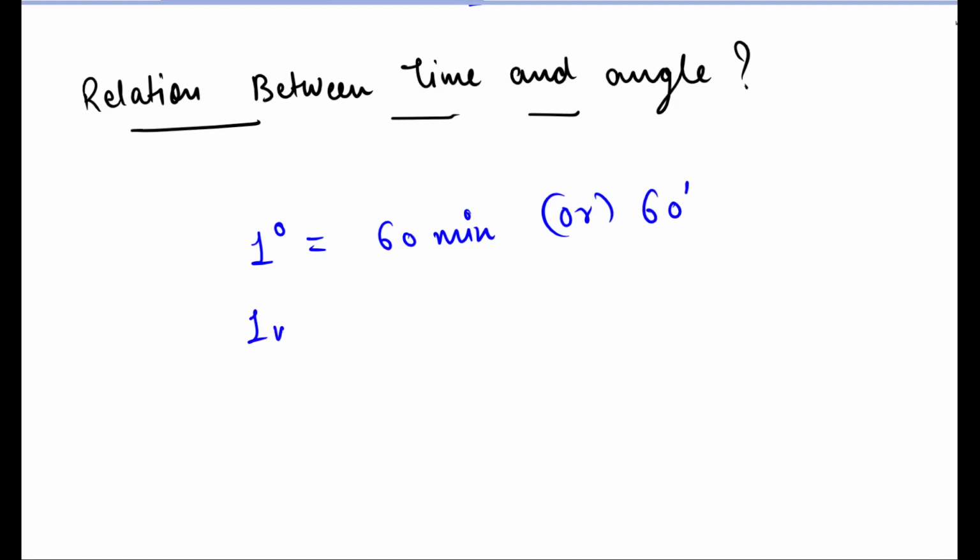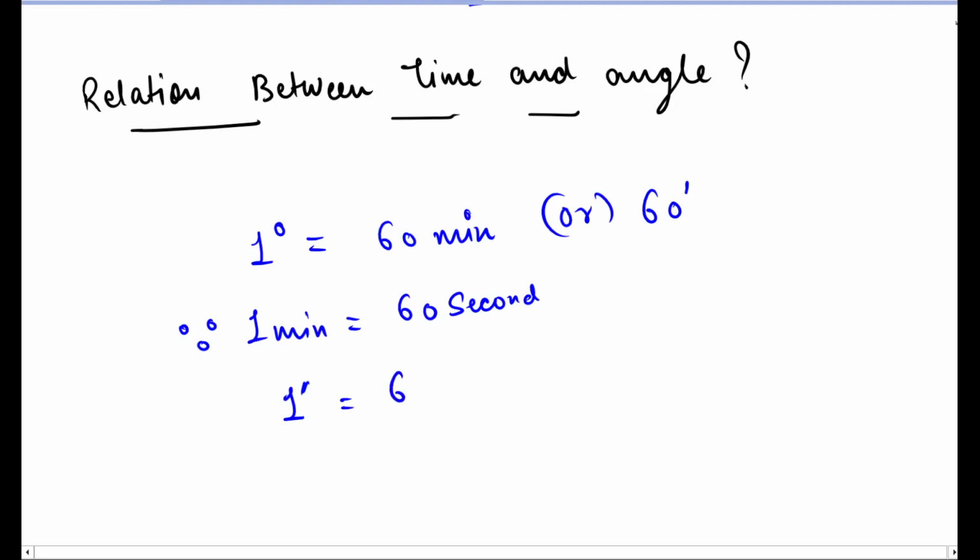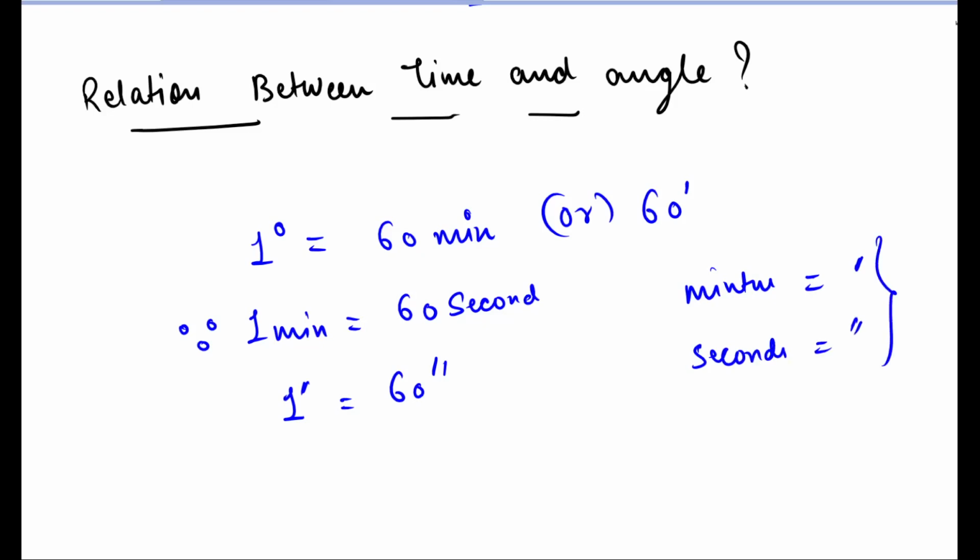And 1 minute, we know, has 60 seconds. So we can write in symbolic form 1 dash, and 60 seconds means double dash. So minutes means single dash, and seconds means double dash. So 1 minute is equal to 60 seconds.